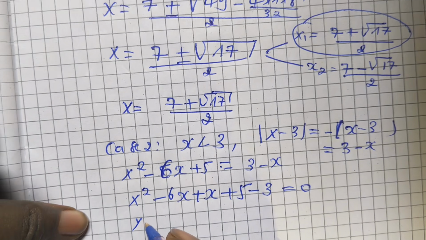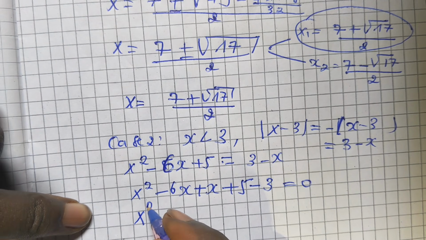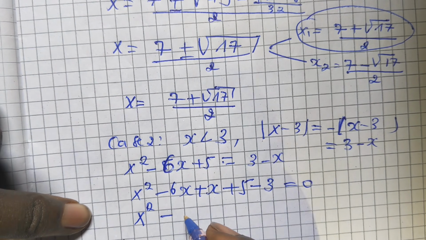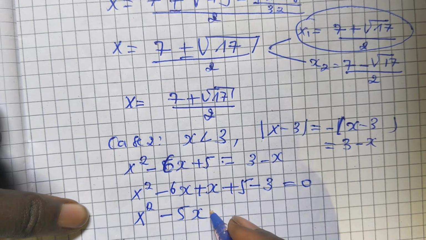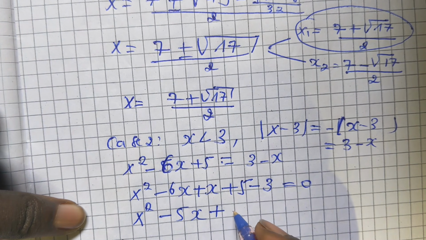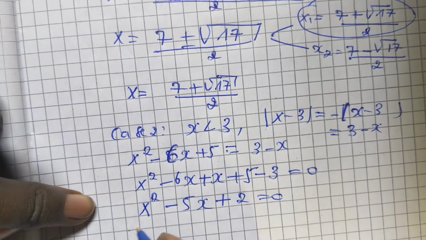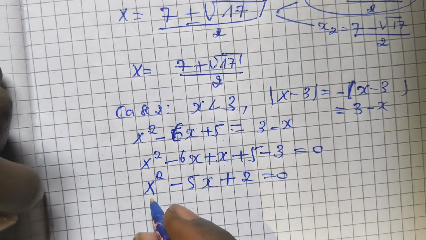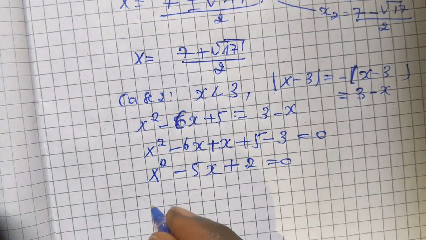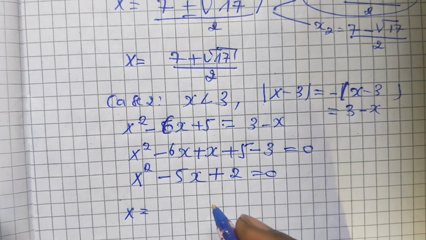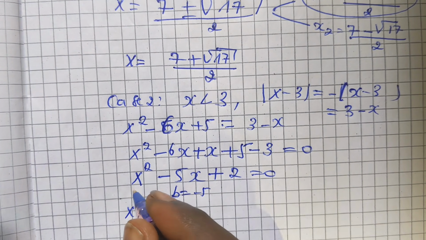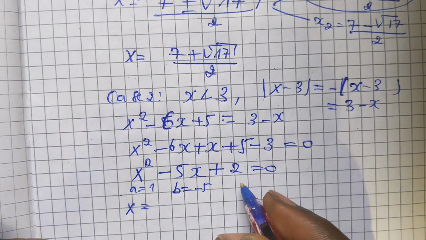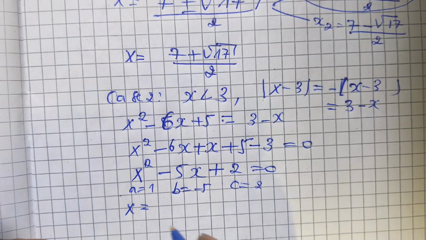Then x squared negative 5x plus 2 equals 0. So by using the same formula we used for the case number 1, we are having b equal to negative 5, a equal 1, and c equal to 2.